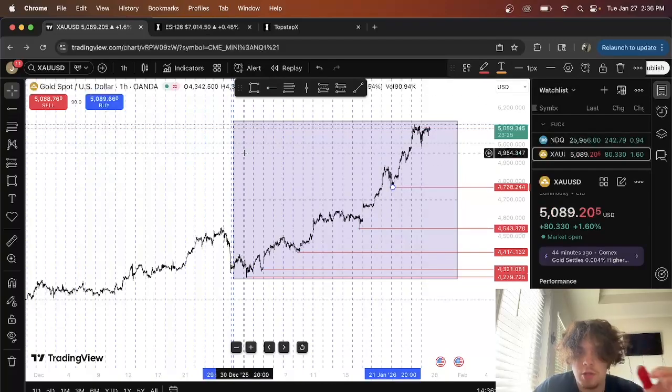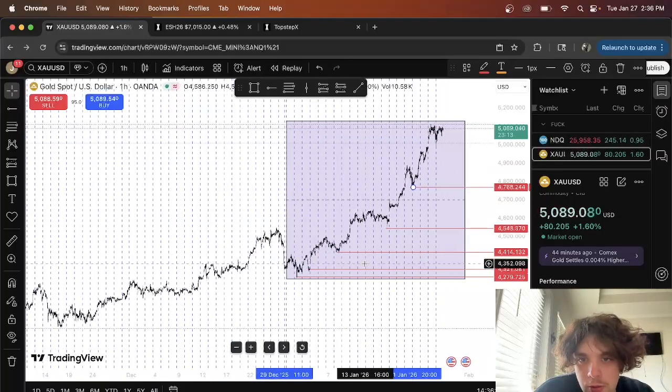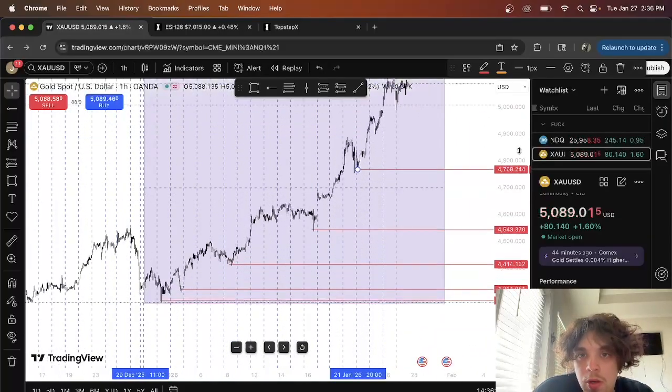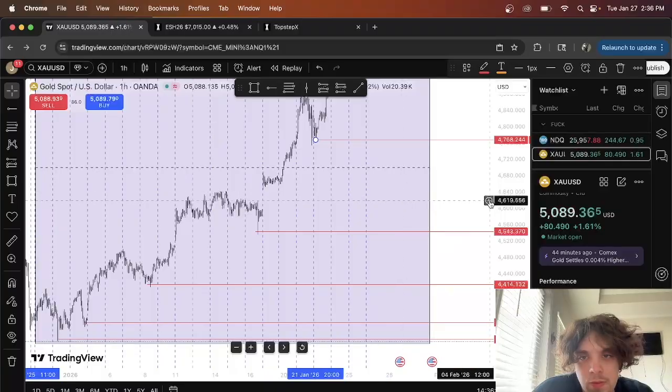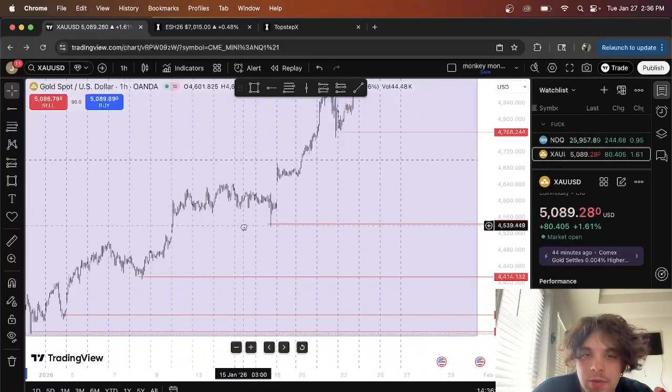When you're zoomed out like this, those little dips are a very easy way to identify lows. There's gonna be lows all through this, it doesn't matter. What matters is significant lows.